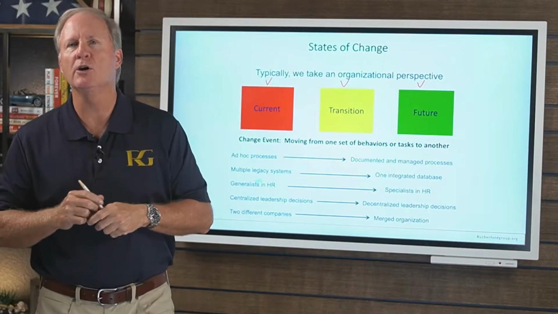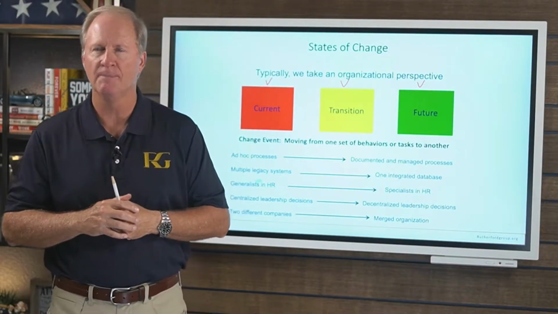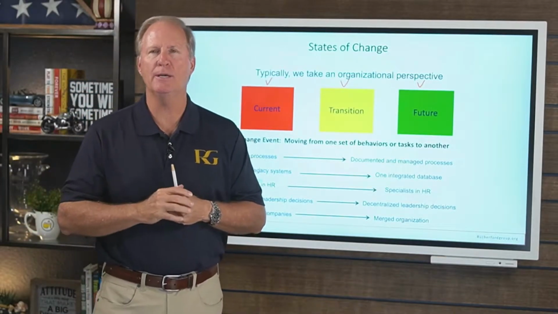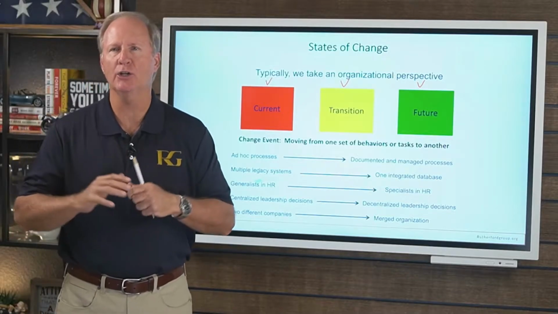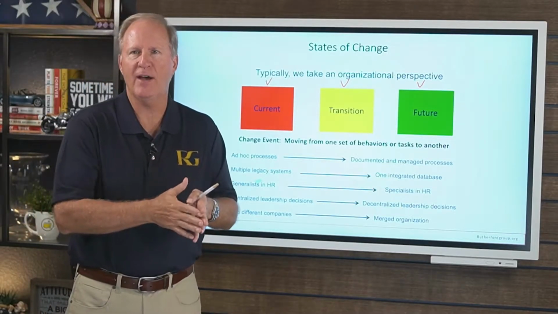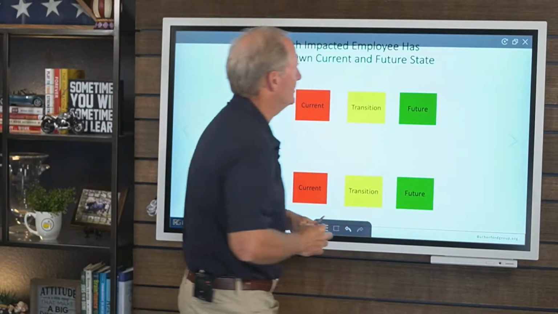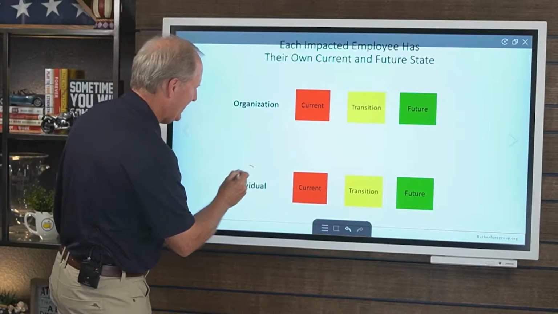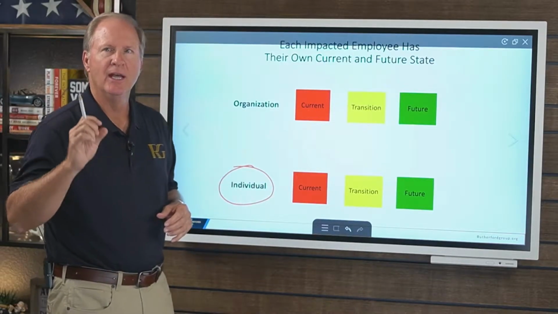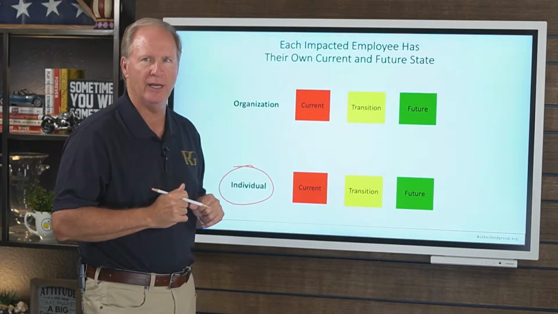But the one thing though that I see often overlooked when companies are engaged in these change efforts is how the change impacts each employee. Because in the end, change is not unilateral. Some are going to be affected more than others. Take a look at our next slide here. When it comes to what we call individual employees and their reaction to change, it's really based on two things.